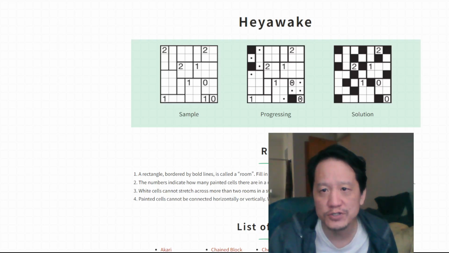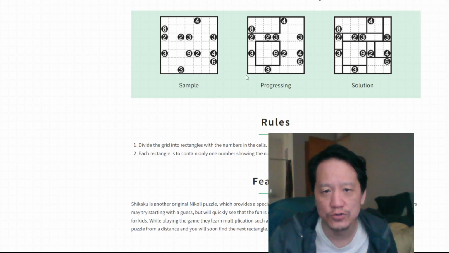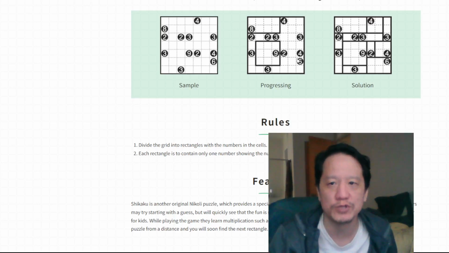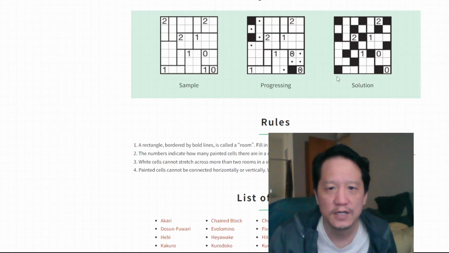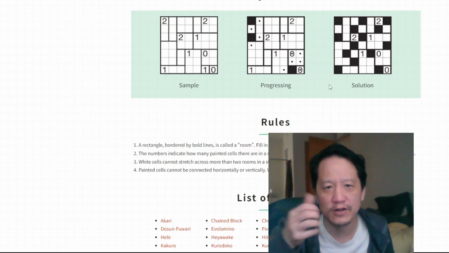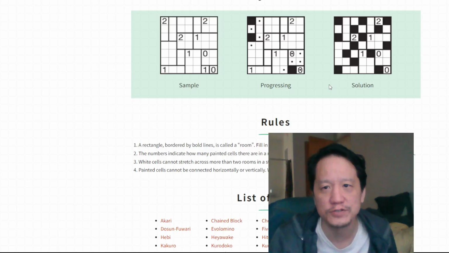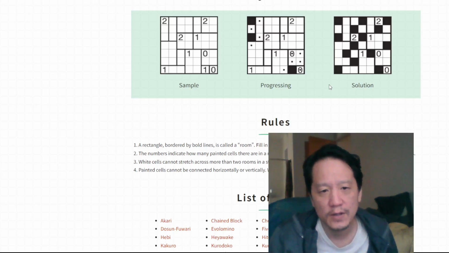If you notice, there's a difference: Shikaku has black circles with a digit inside them, and the Heiawake has essentially just numbers by themselves. That's how you differentiate the Heiawake from the Shikaku numbers.